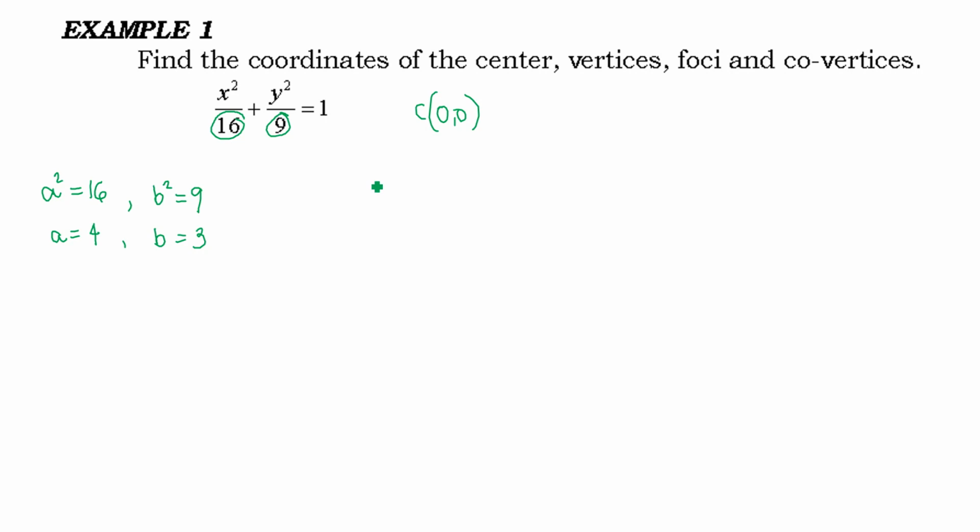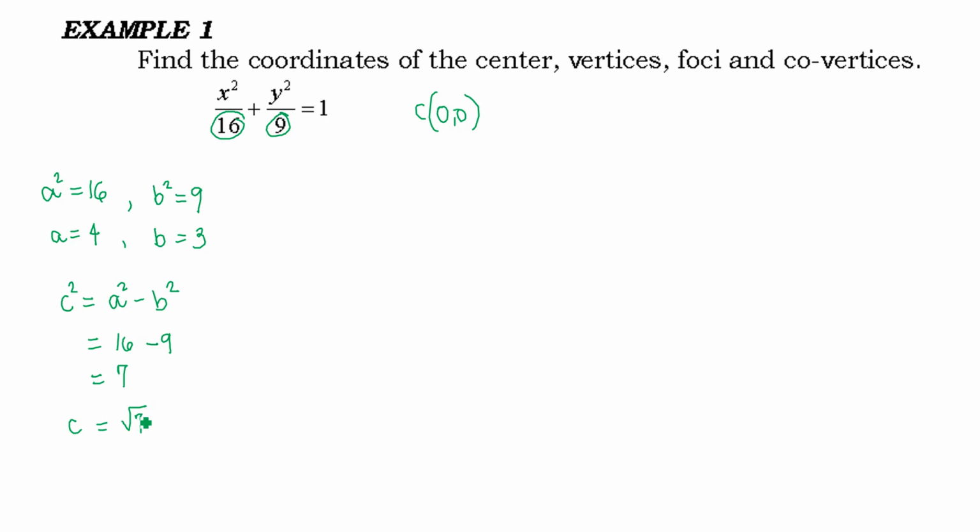Now, to get the focal point, or the length of the segment joining the center going to the focal point, remember kanina, we have this relationship. We have c squared is equal to a squared minus b squared. So substitute, then we have 16 minus 9. And then 16 minus 9 is equal to 7. In other words, if we get the principal root of c, then c has the length of square root of 7.